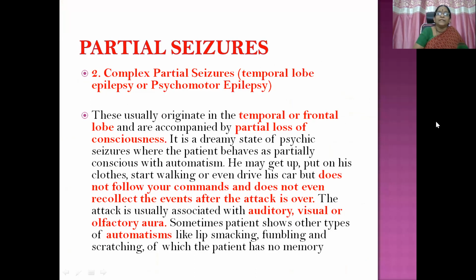Then complex partial seizures, or temporal lobe epilepsy, or even psychomotor epilepsy. They originate in either the temporal or frontal lobe, characterized by partial loss of consciousness. Whereas in the earlier case there was no loss of consciousness, here there is partial loss of consciousness. It is a dreamy state of psychic seizures where the patient behaves as partially conscious, with automatism.